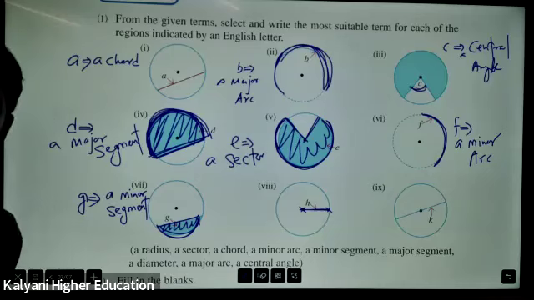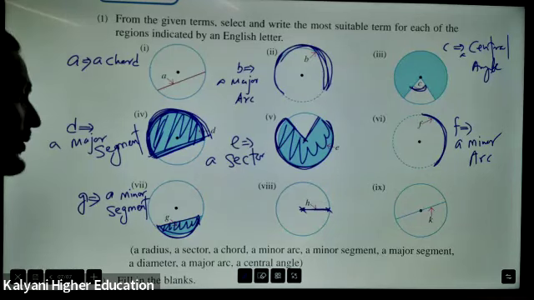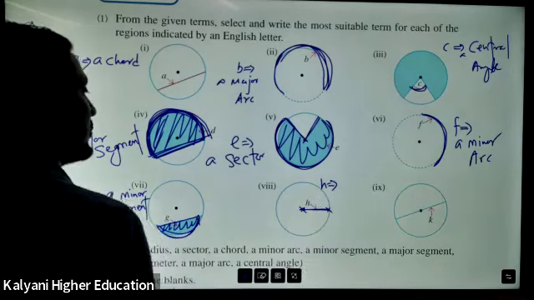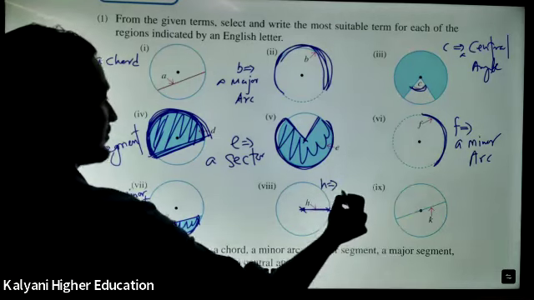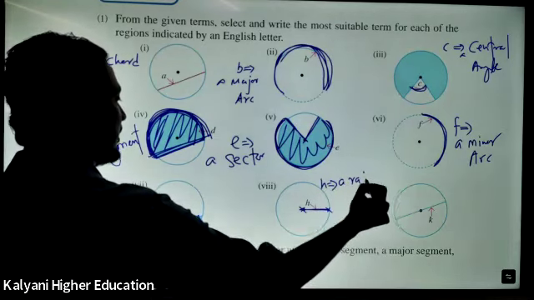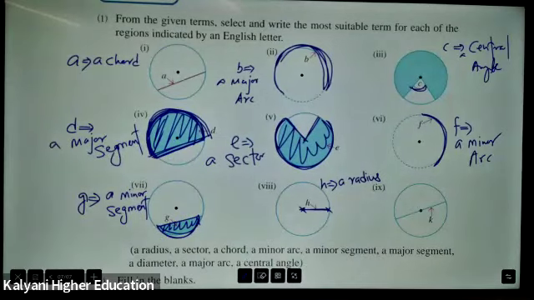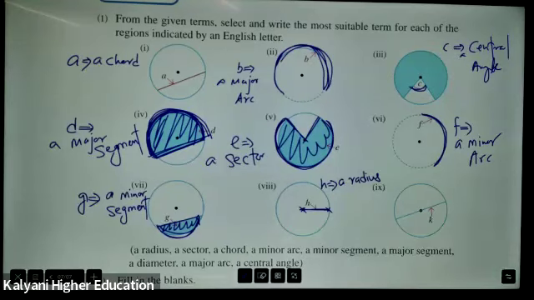That means when we use the compass, the distance between the compass point and the pencil point, we call it the radius. Now the chord: when we join two points with a straight line, that is a chord.